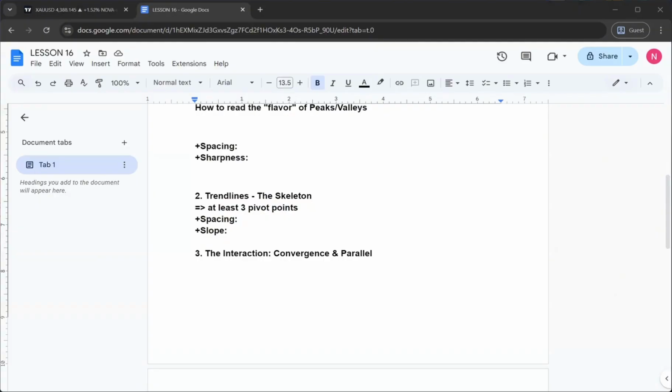Neither side is willing to yield, but the playing field is getting smaller. The result is that an explosion, a breakout, is about to happen. This is the basis of triangle, wedge, and pennant patterns.